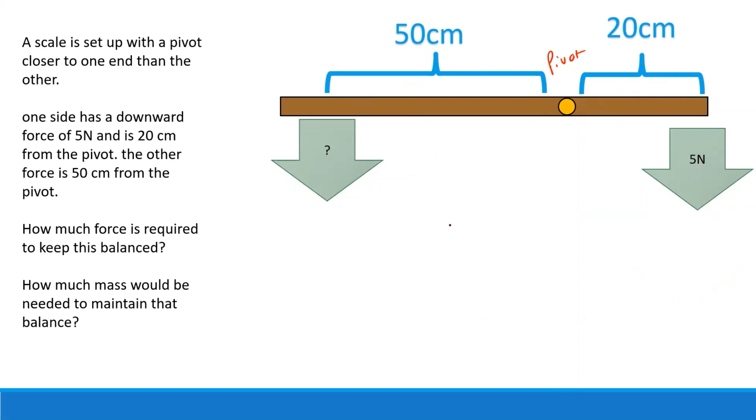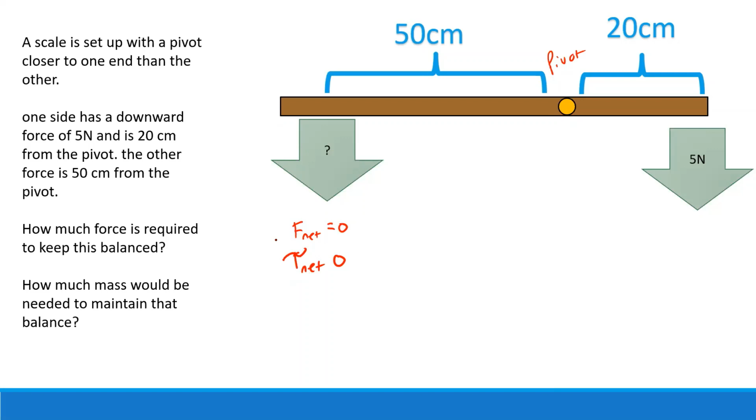So let's work through this. Because we want to keep this balanced, that means we want two things: we want the net force to be 0, and we want the net torque to be 0.